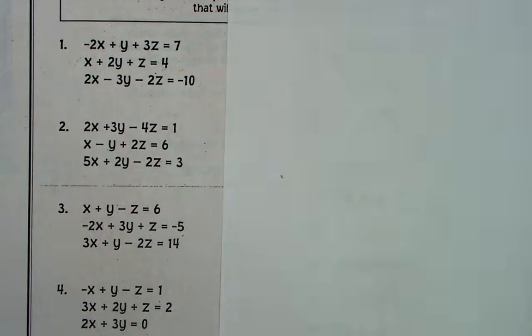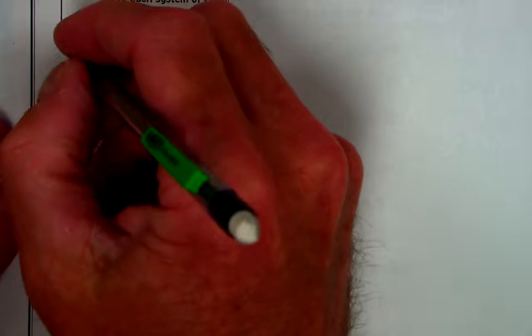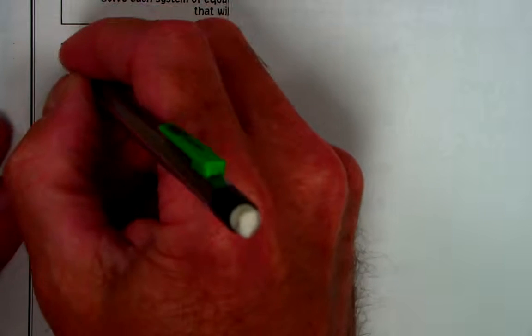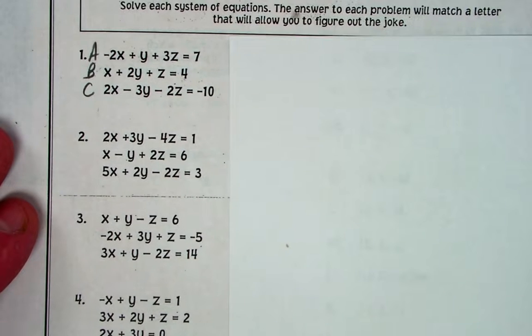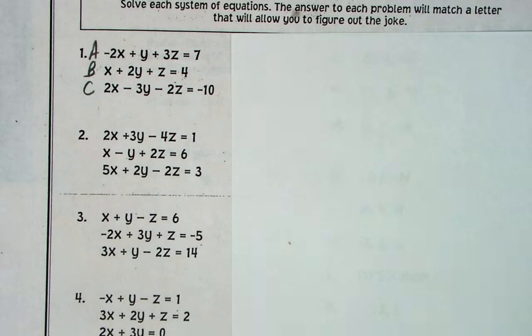Stay organized. I'm going to call this equation A, this equation B, and that equation C. This is not mandatory, but I think it helps you. Okay? You've got to be writing things organized. Otherwise, you're going to make mistakes and you're going to get frustrated. And I don't want you guys to be frustrated. Okay?